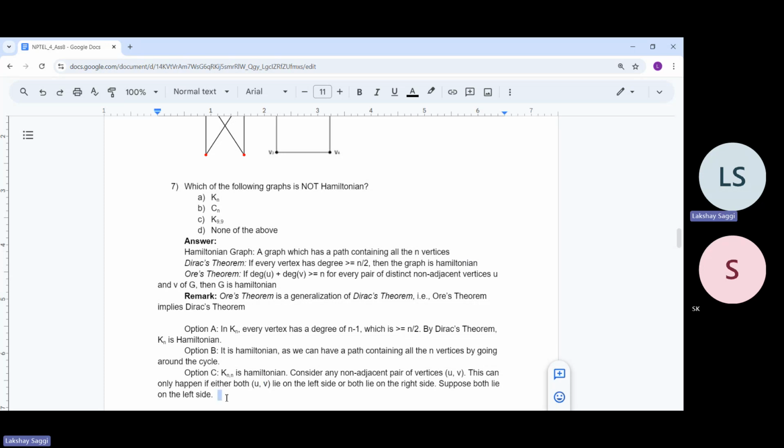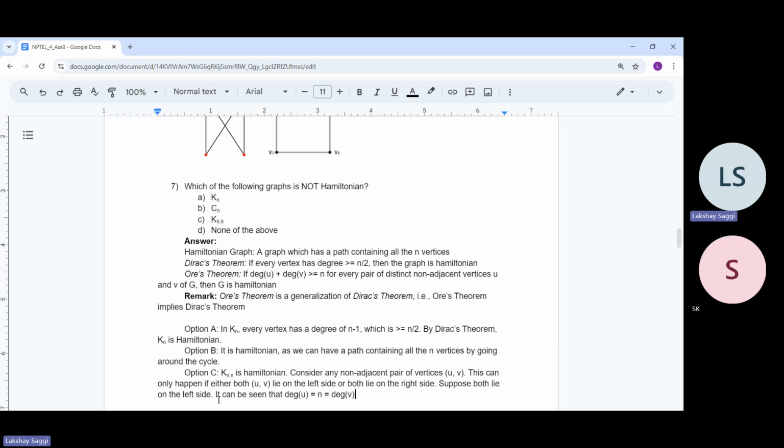If both lie on the left side, they will have all the edges to the right side vertices, so we have n edges for each of u and v.